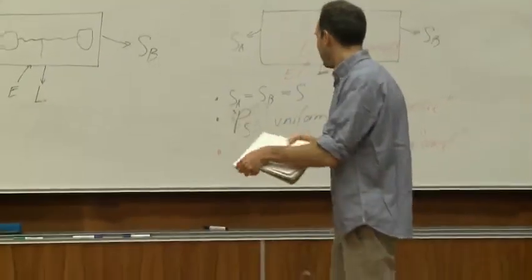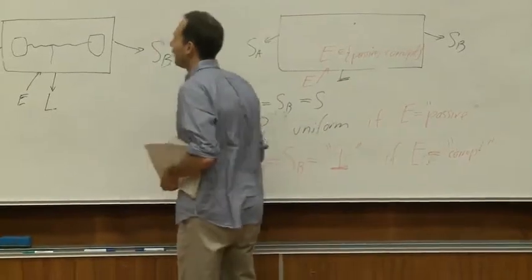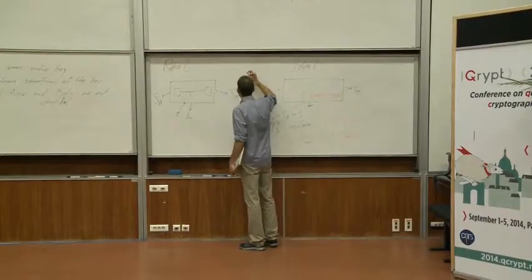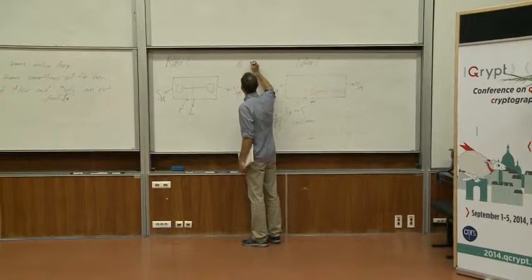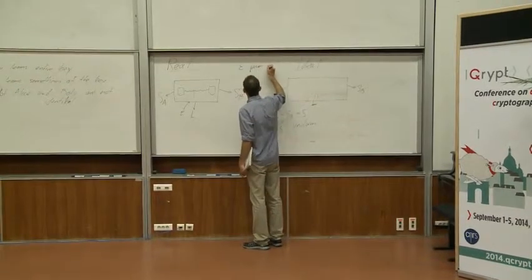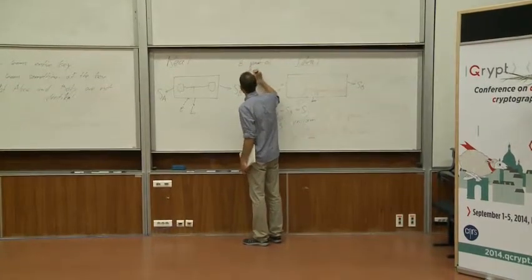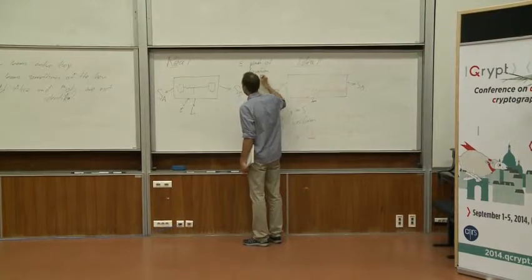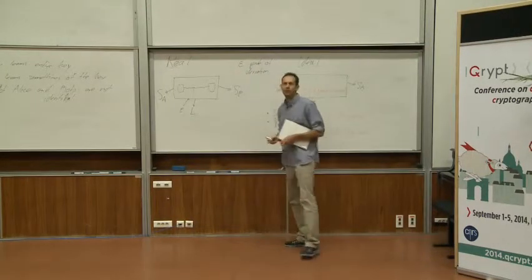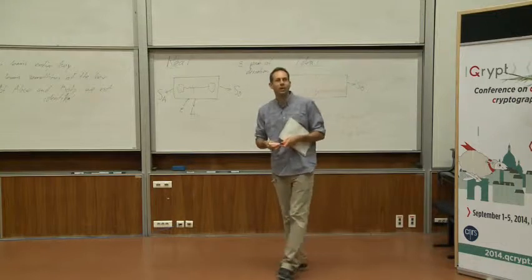Now, as I said, what is now the epsilon here? Informally speaking, the epsilon is the probability of deviation. So what is the probability that this thing is different from that one? Now, how do we measure a probability of deviation?